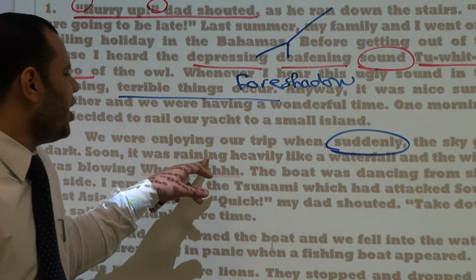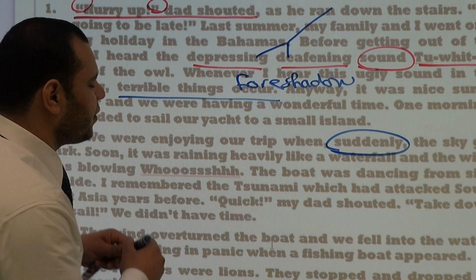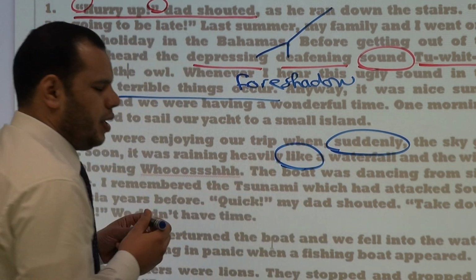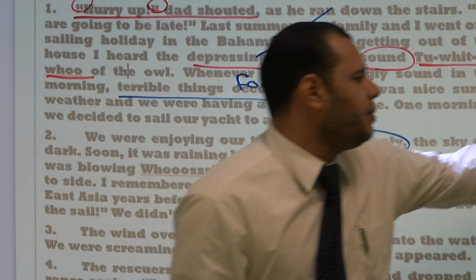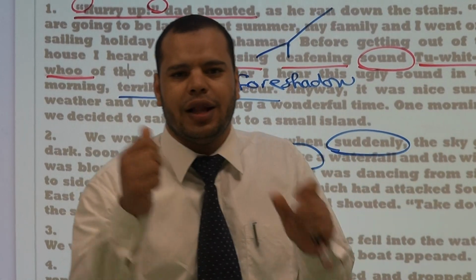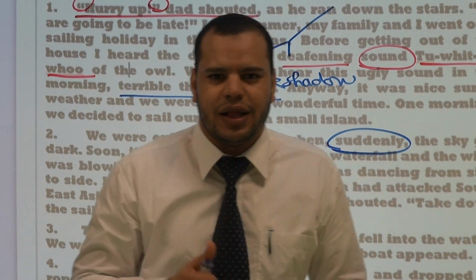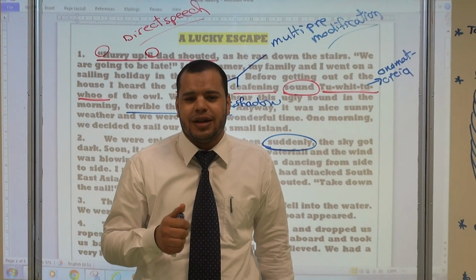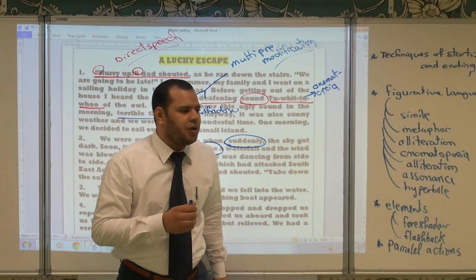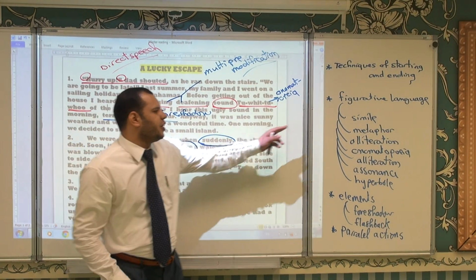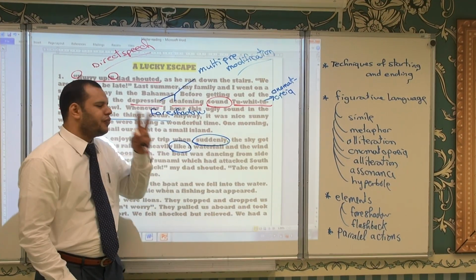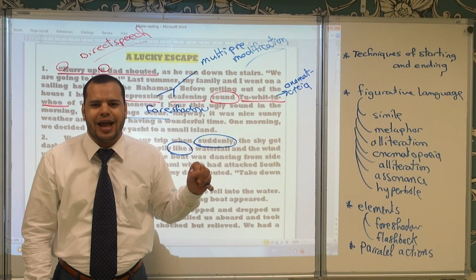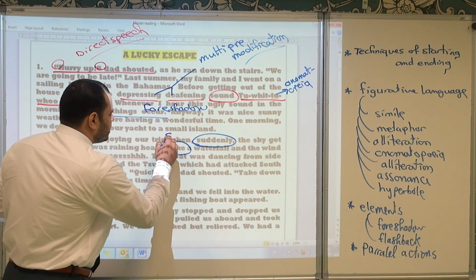Soon it was raining heavily, like a waterfall. When we make a simile, we use 2 words, like and as. He is as brave as a lion. He is like a lion. This is called simile. So, if you are searching for a simile, search for 2 words, like and as. Okay, simile.